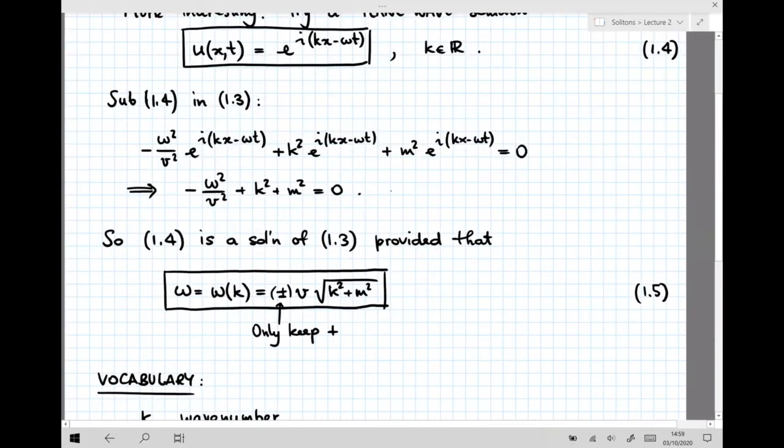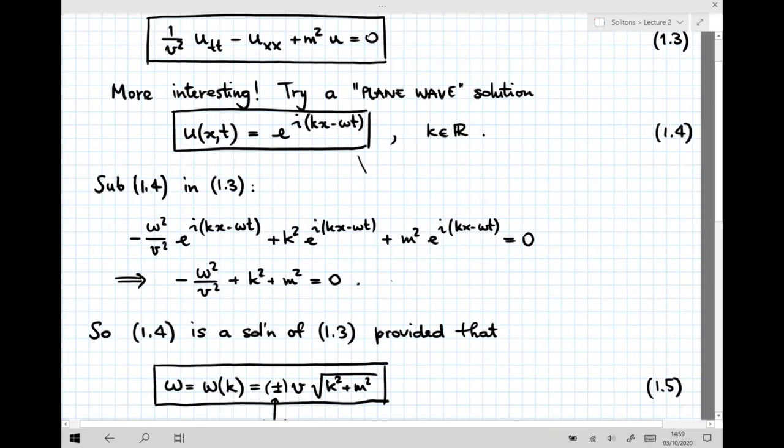Then the plane wave 1.4 is an oscillatory exponential, so it's a linear combination of sine and cosine. So it's periodic both in x and in t.